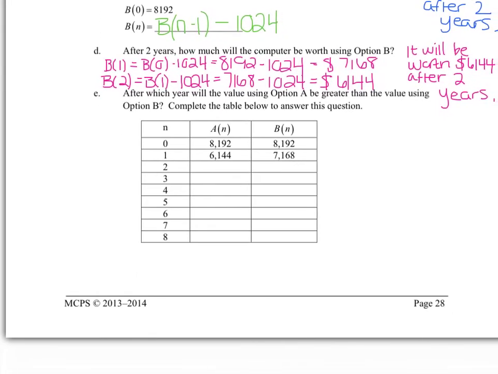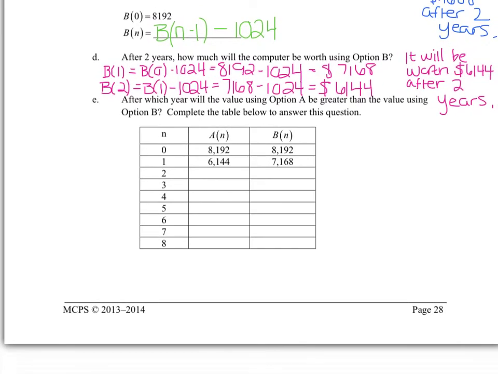Finally, part E. After which year will the value using option A be greater than the value using option B? Complete the table below to answer this question. Let's first figure out the table. A of n is the one where we are multiplying by 0.75 each time. You can use your calculator.